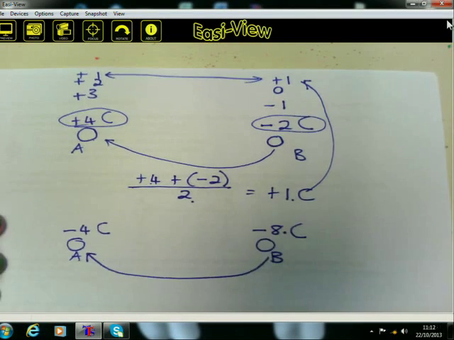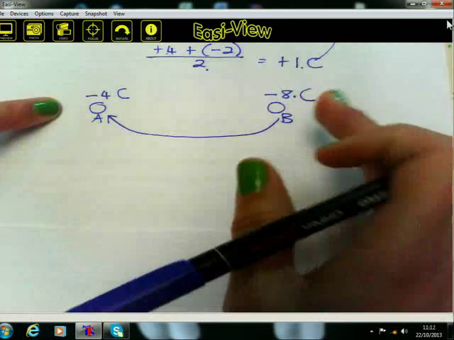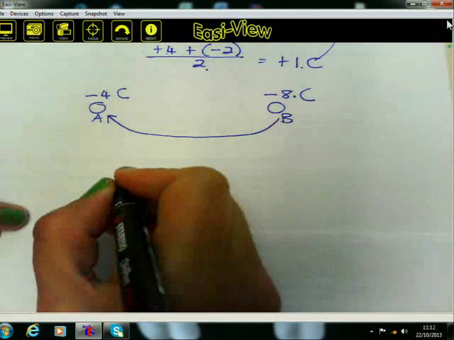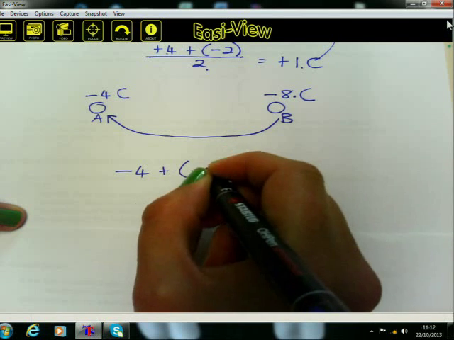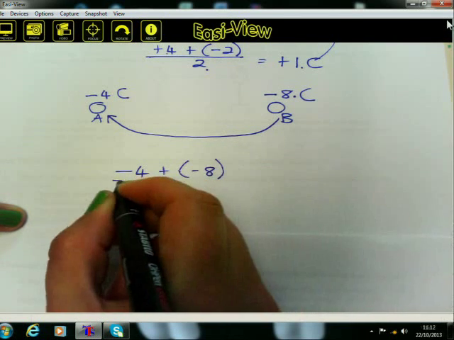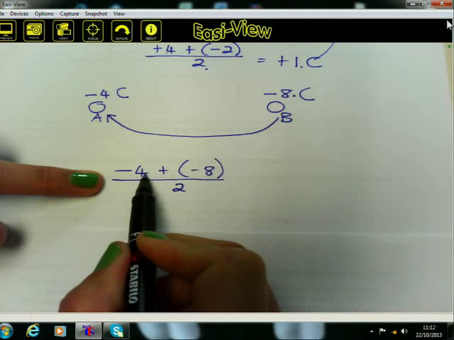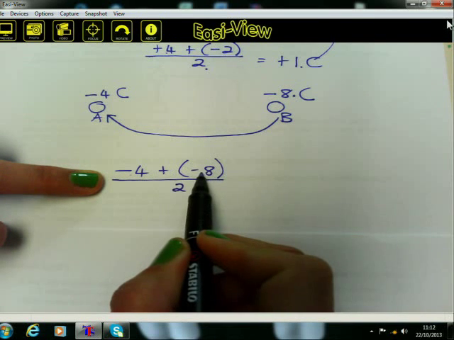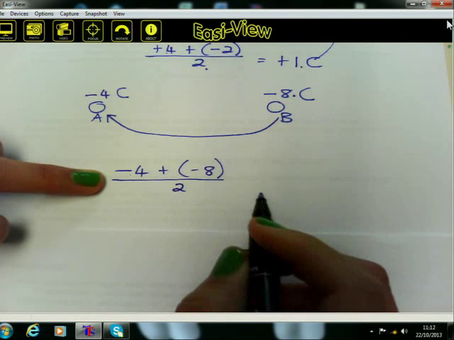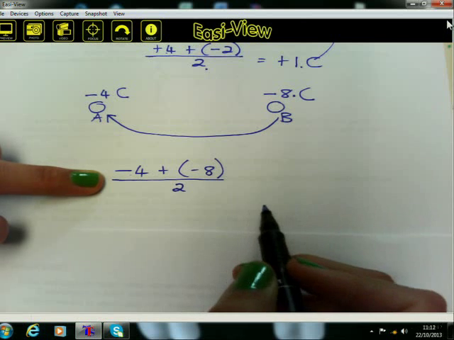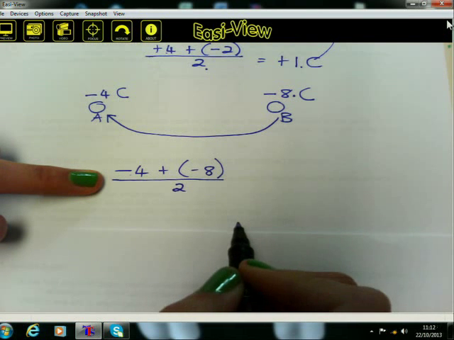Let's see what happens to the bottom one. We have a minus 4 and a minus 8. You add the two up, minus 4 plus minus 8, and you divide by 2. Minus 4 plus minus 8 equals minus 12. If you're not sure about this, please use your calculator. Even if you're sure about it, use your calculator and check it.